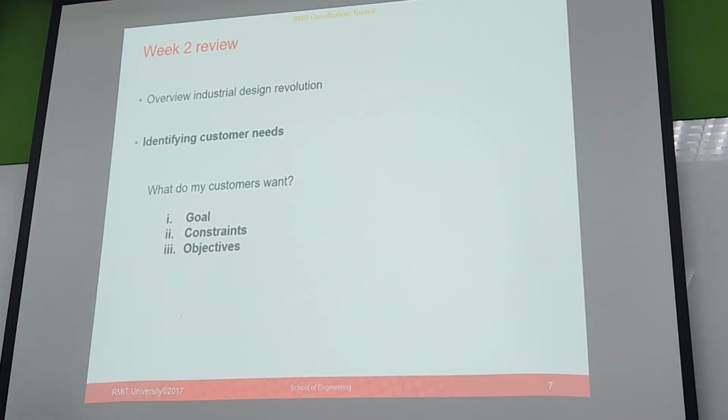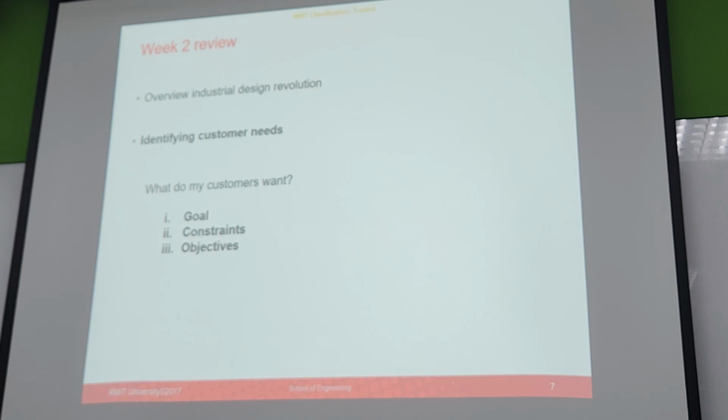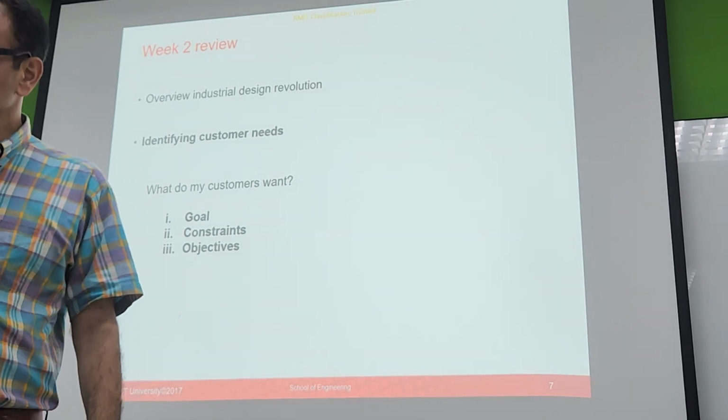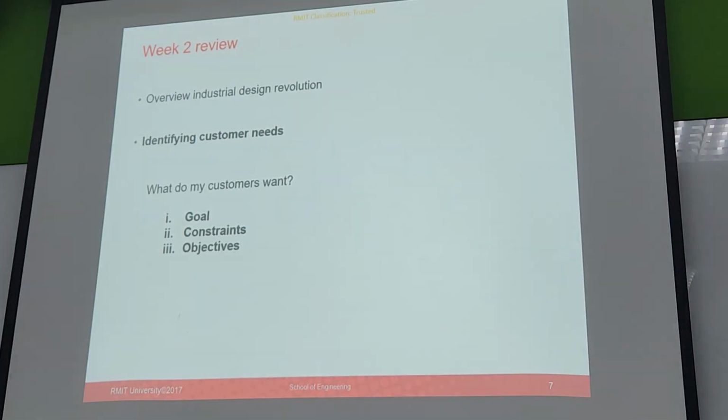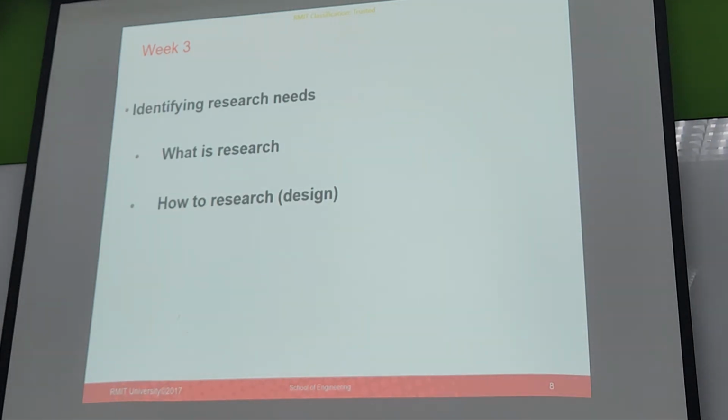And for the goal, once the customer needs anything, how can we understand the constraints, limitations, or any standards or something like that. For example, for this device, definitely we have to follow any standards as we need.